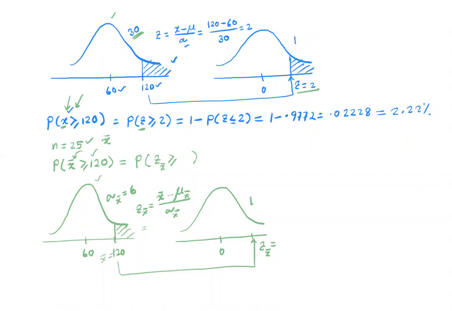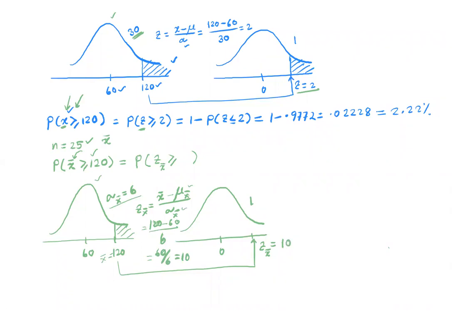So it's going to be 120 minus mu sub X bar, which is 60, divided by sigma sub X bar, which is 6, right? Sigma sub X bar is 6. Now, if you do the math, it is 60 over 6, which is 10. So Z sub X bar is 10.